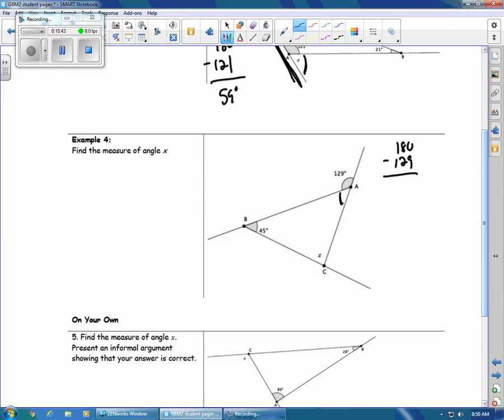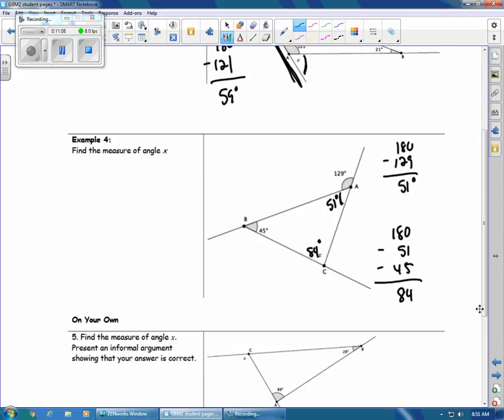So I can find out that this angle is actually 51 degrees. And then I could take 180 again, and I can say 180 minus 51 minus 45 is going to give me 84. So this one's going to be 84 degrees.